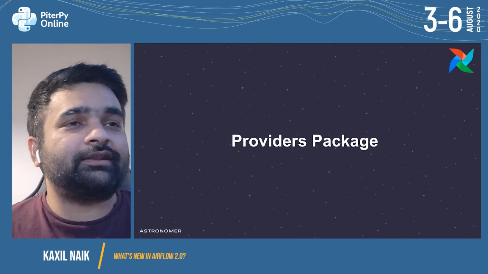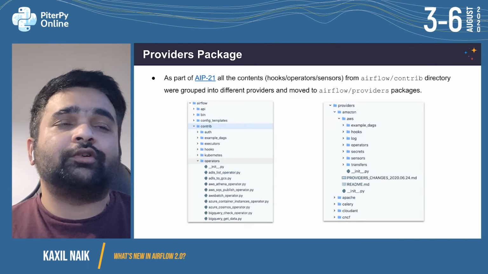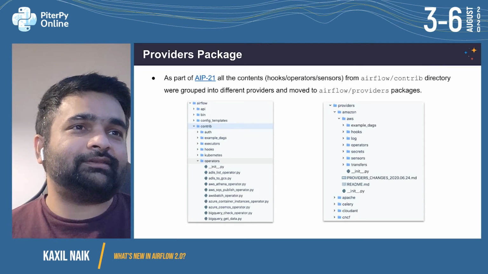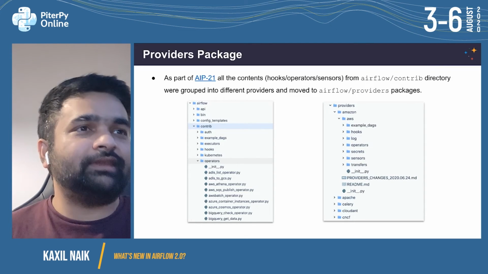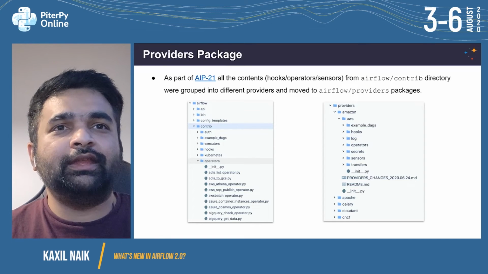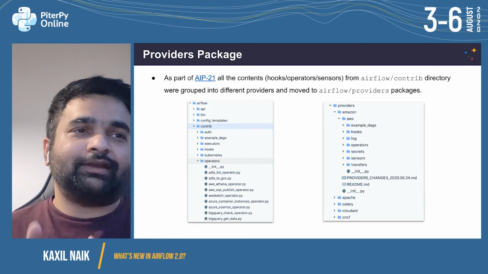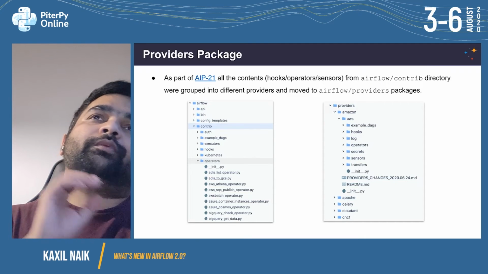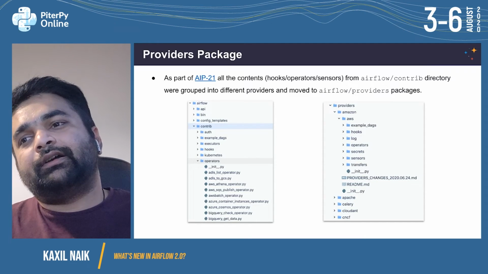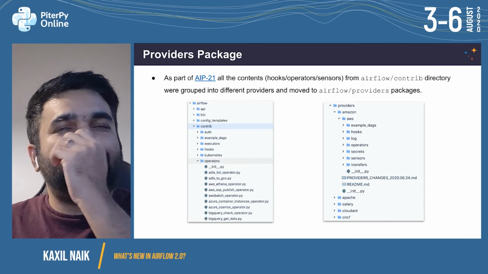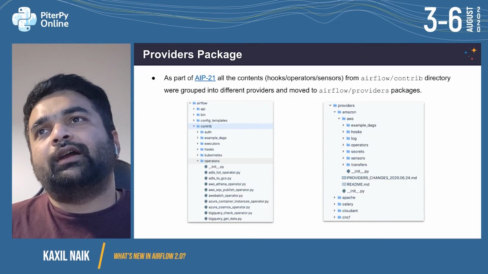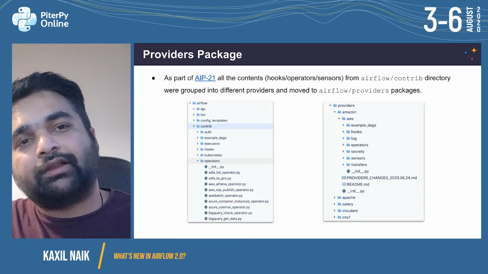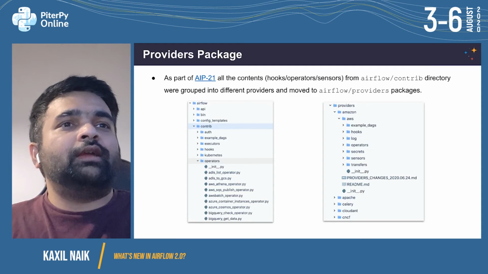Next is provider packages. As part of AIP-21, all the contents, hooks, operators, sensors, secrets from the Airflow contrib directory were grouped and moved into the providers directory. Previously, everything was inside Airflow operators, Airflow hooks or Airflow contrib, from when Airflow was donated by Airbnb to the ASF, the Apache Software Foundation.